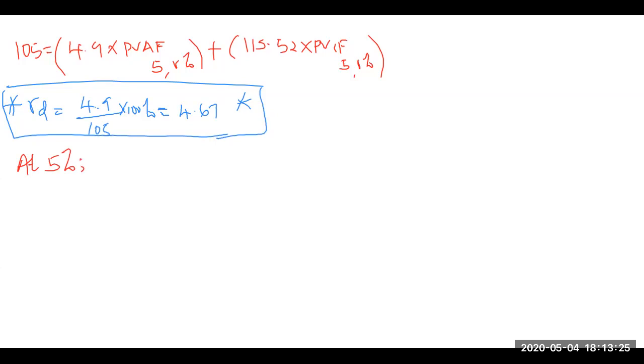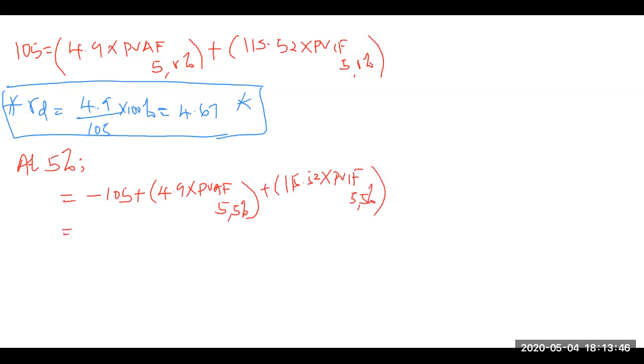It will be equal to negative 105 plus 4.9 times the present value annuity factor, 5 years, 5%, plus 115.52 times the present value interest factor, 5 years, 5%. And what do you get? It is a trial and error method.